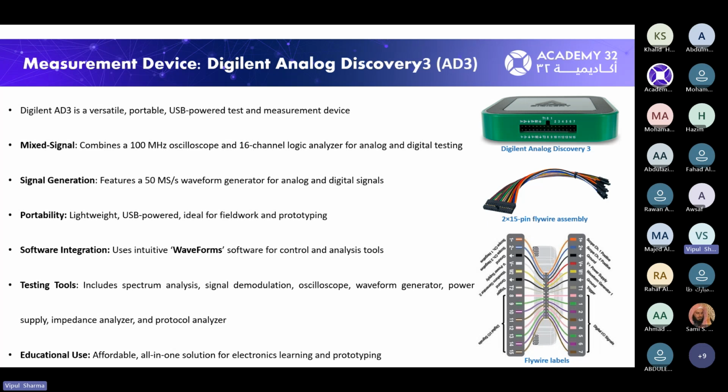Most of you might be from an electrical or electronics background, and if you have visited the electronics lab in your college or university, there are big bulky instruments kept there: power supplies, function generators like sine wave signal generators, and oscilloscopes. All those bulky devices are connected to your PCB or your device to do the measurement.